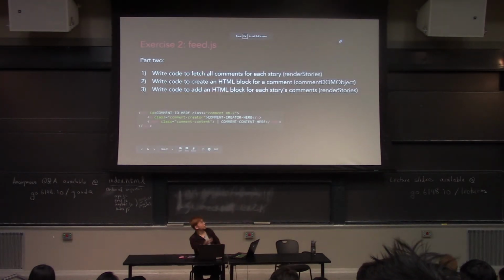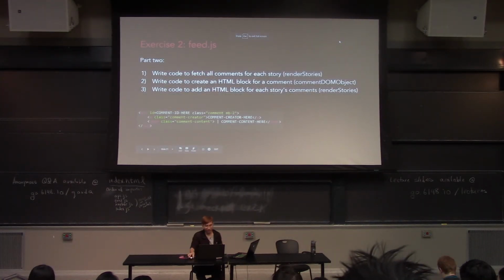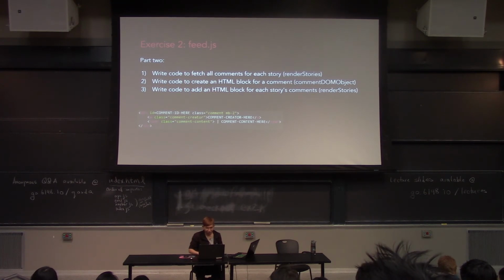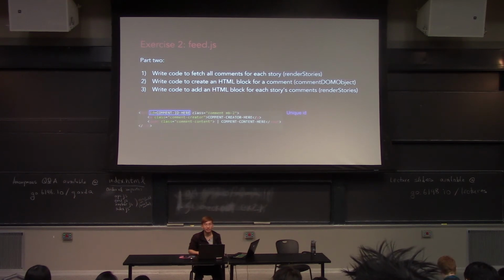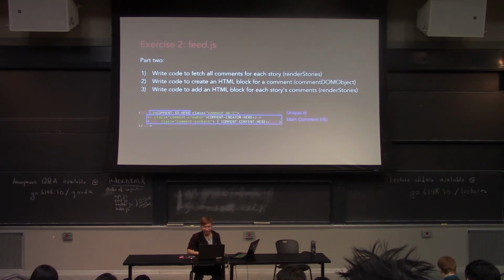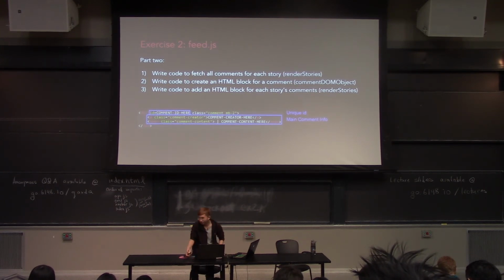We've also created a structure for your comment objects here. I'll just go over it real quick. Again, the outside div has a unique ID that belongs to the comment. This is so that later on, if we want to make changes to a specific comment, we can easily find it given its ID and make changes to it. The inside div just contains the main comment information, like the creator of the comment and the content of the comment.